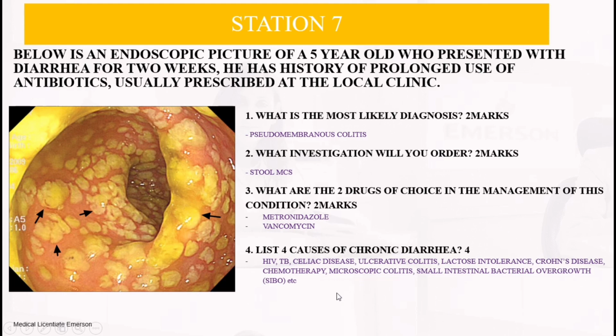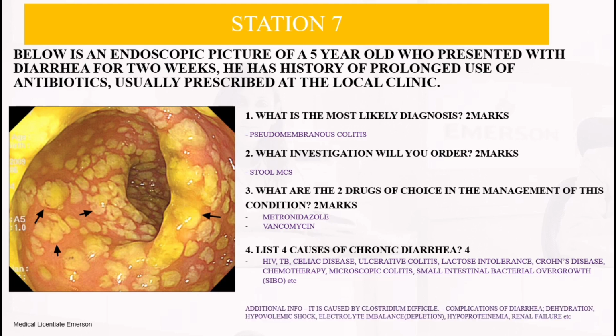You can just pick the first four. Then additional info for this one is that you have to know that it is caused by Clostridium difficile. Other potential questions they ask on this are complications of diarrhea, which include dehydration, hypovolemic shock, and electrolyte imbalance.